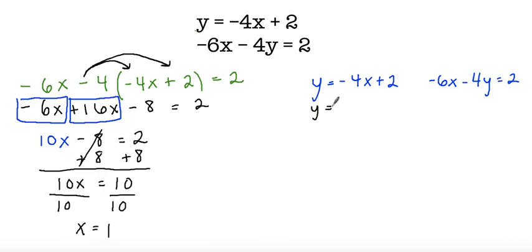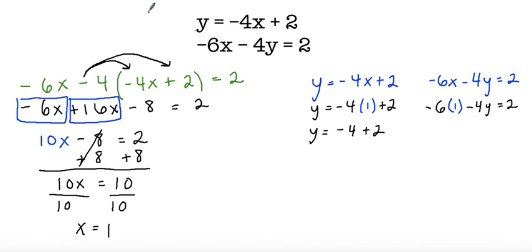So y is equal to negative 4 times 1 plus 2. And here we have negative 6 times 1 minus 4y is equal to 2. So here we end up with y is equal to negative 4 plus 2. So y is equal to negative 2. So let's see if we get the same thing on this side.